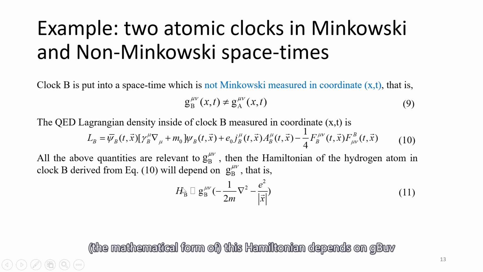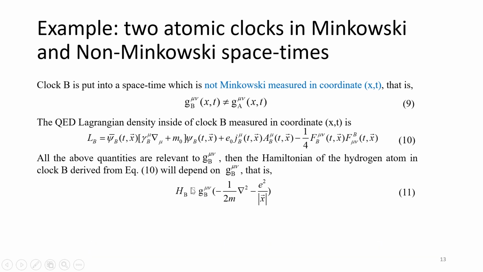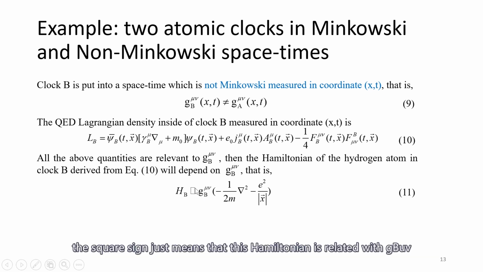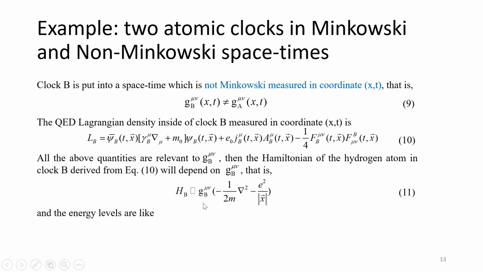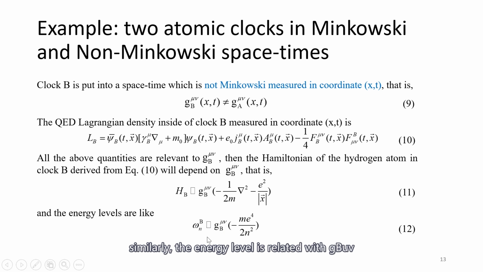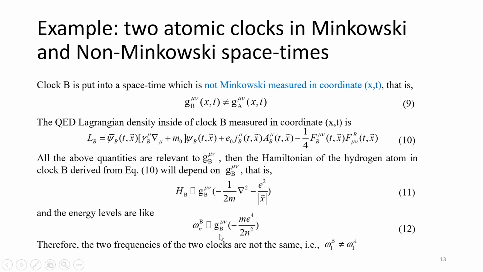Here, the square sign does not mean they are equal. It just means this Hamiltonian is related to GB. And the energy levels are like this formula, and this energy level will also be related to GB. Therefore, the two frequencies of the two clocks are not the same.